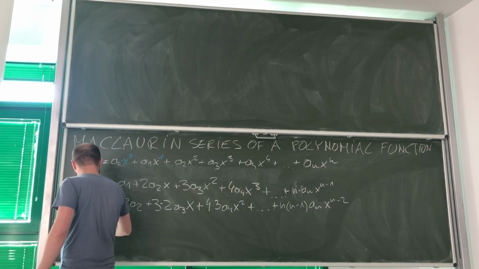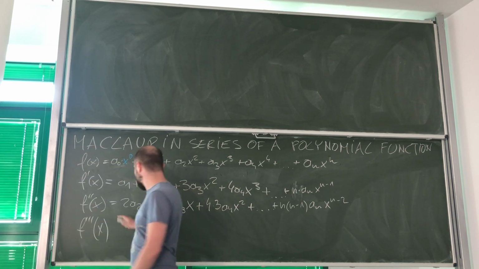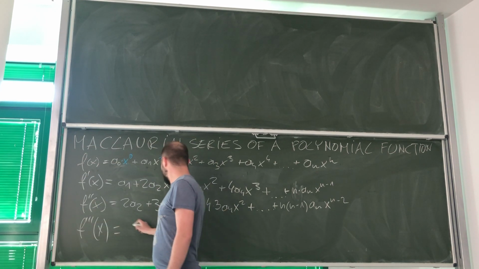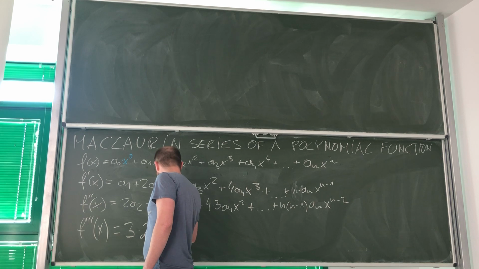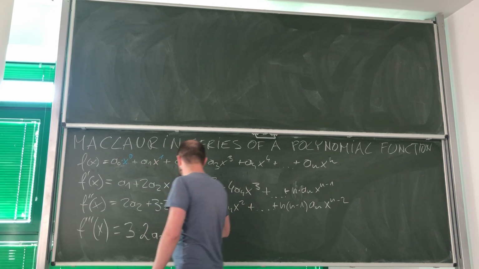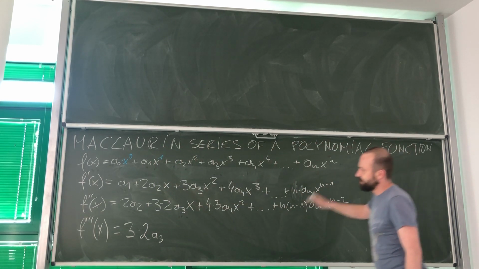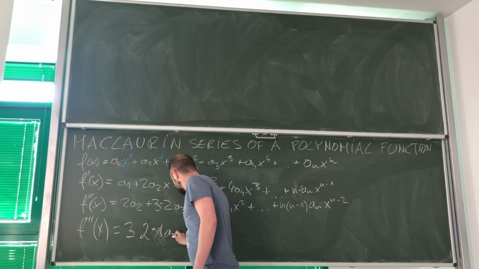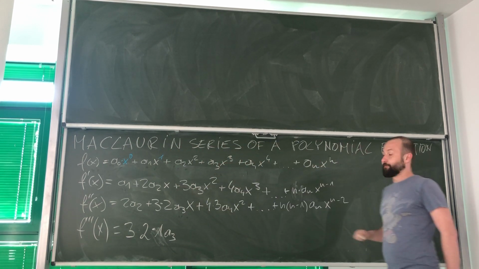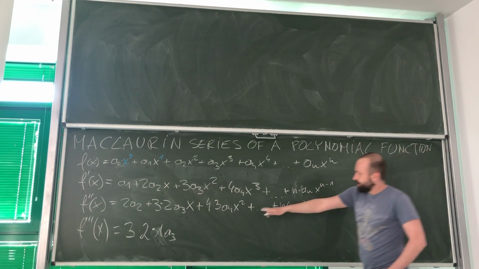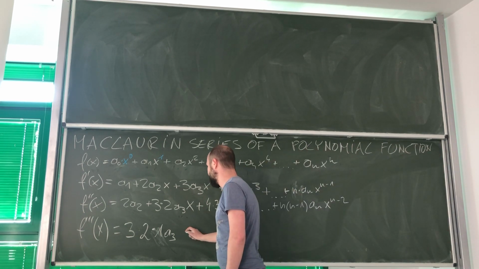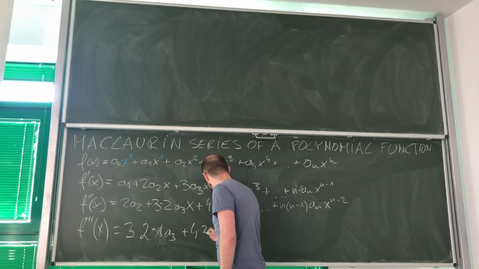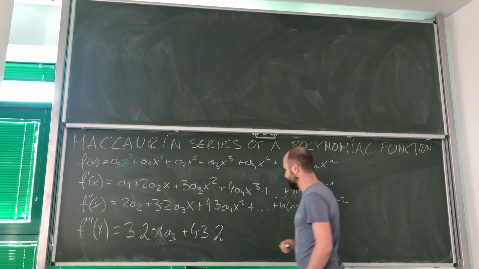So, this part is gone. And what do we have here? 3 times 2, a3. That's it, right? Or, I could also write it as that, and it still would be true, right? Then, this expression changes to 4 times 3 times 2.